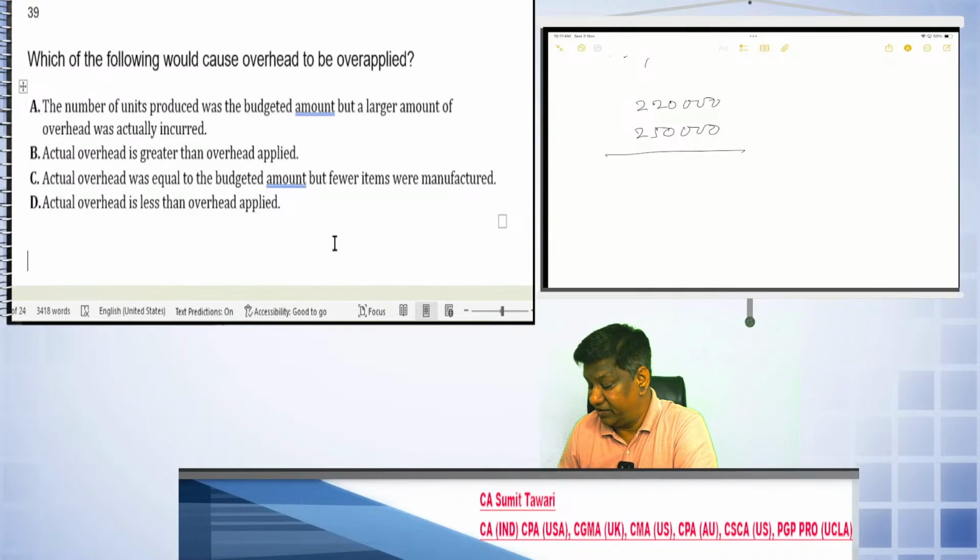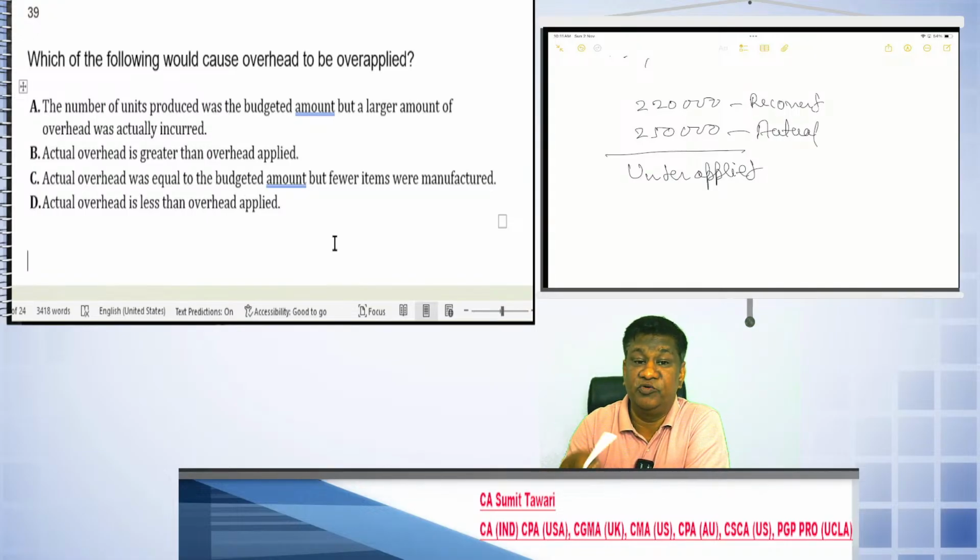It is under applied. I generally say this is the recovered and this is the actual. Now you just link and give me the answer.